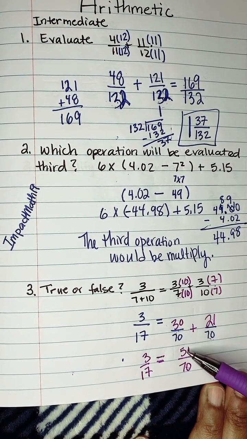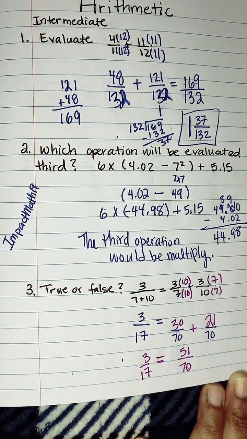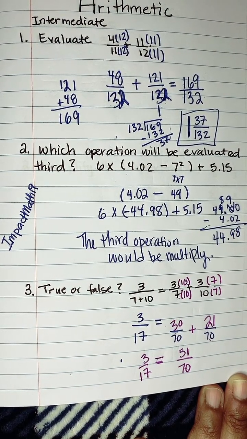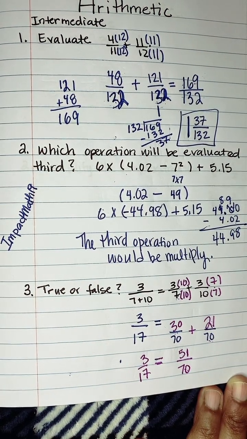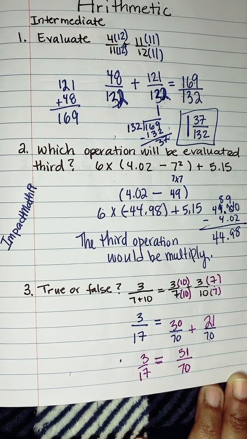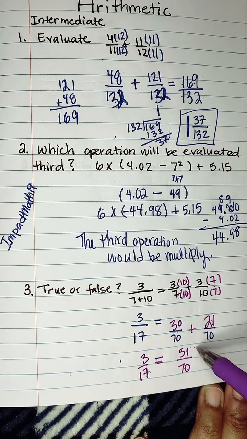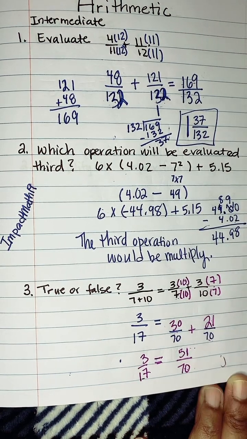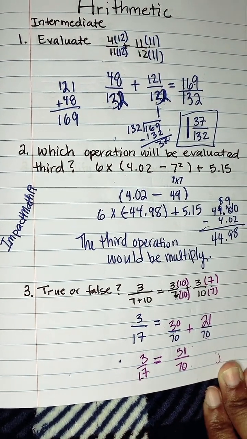Now the question is, right now it's looking like false, right? But we have to ask ourselves, can we divide? Do they have anything in common? Can we simplify this? 51, 3 goes into it, but 3 doesn't go into 70. Does 7 go into 51? Even if we divide this by 7, we're going to get a 10 down here and not a 17.